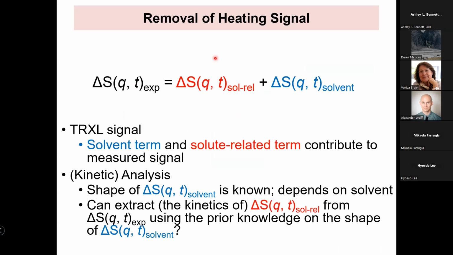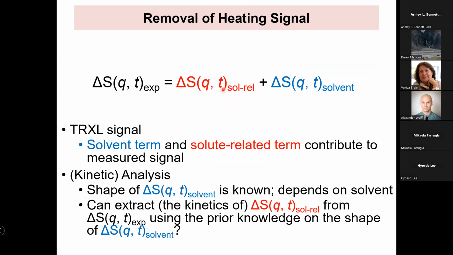Actually, the main motivation for inventing this SANOD method is to remove the contribution of the heating signal, or the contribution of the solvent, to the TRXL data. Typical TRXL data is composed of two different kinds of signal components.